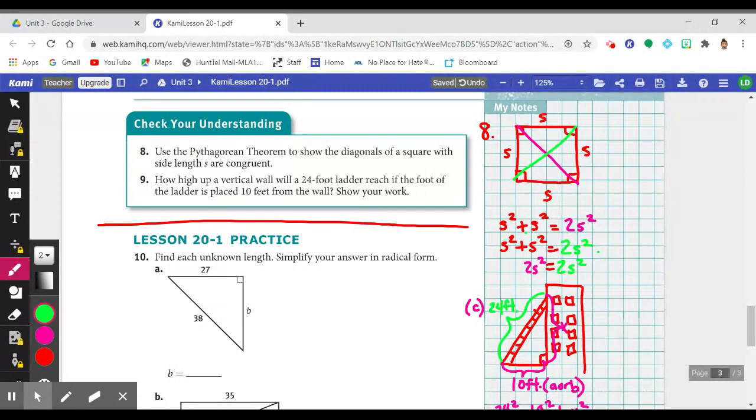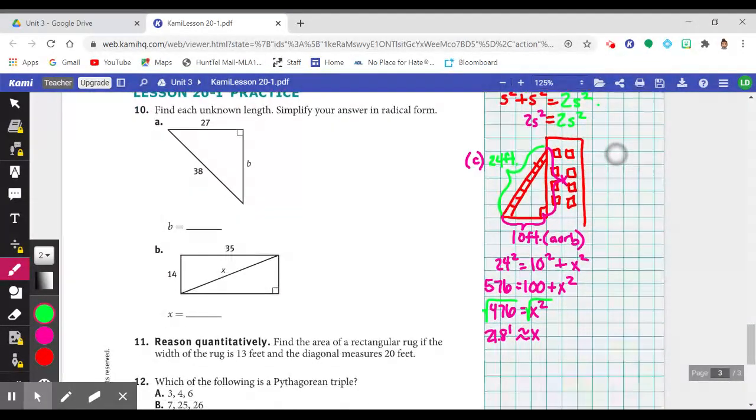Now a little more application work. Number 9 says, how high up a vertical wall will a 24-foot ladder reach if the foot of the ladder is placed 10 feet from the wall? So we're going to use the Pythagorean theorem here. The most important part is what lengths you plug in for A, B, or C. So I drew a little diagram here.